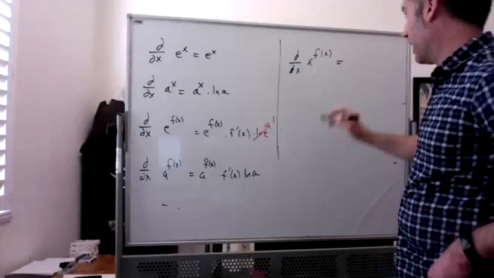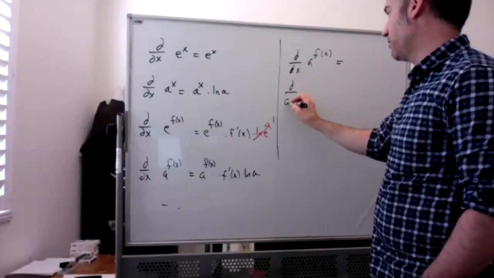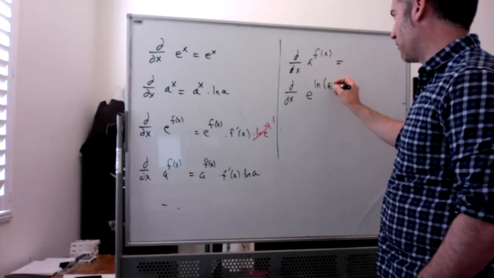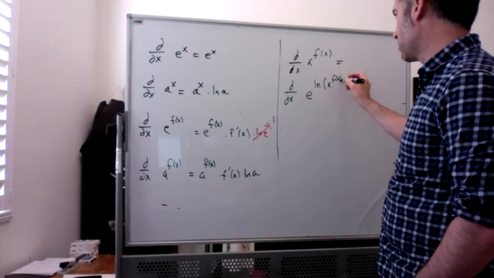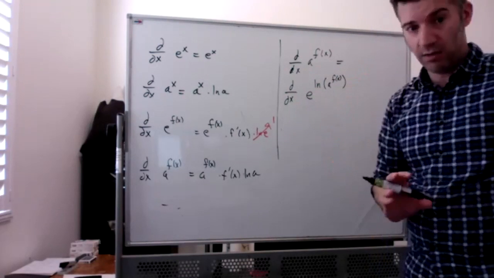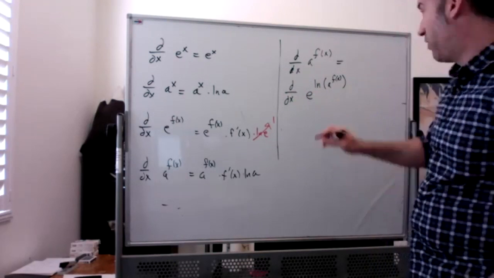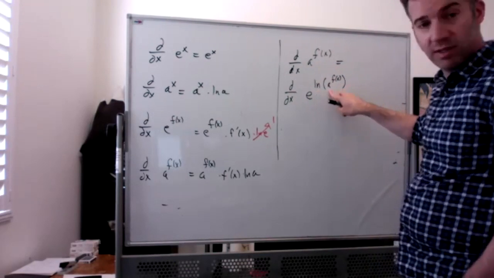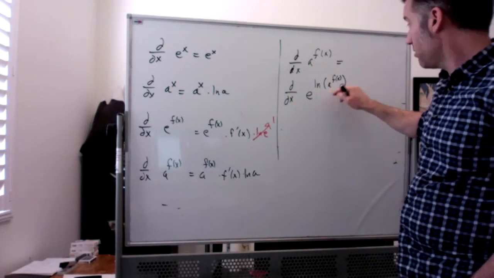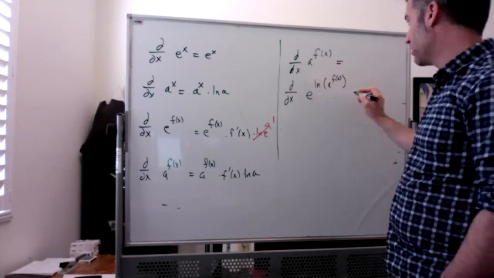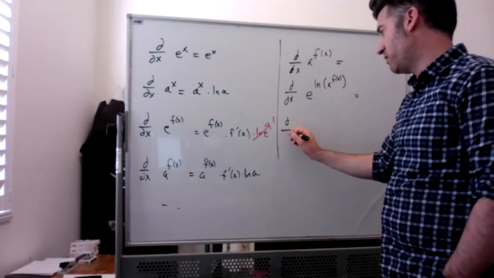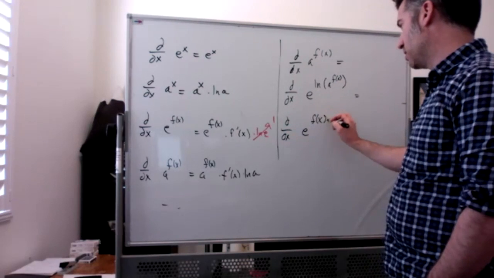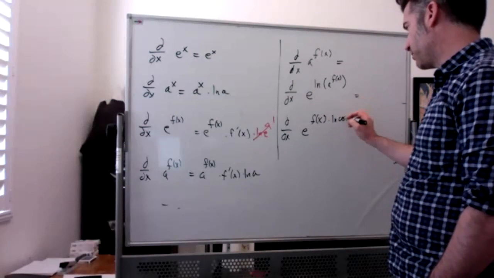I'm going to rewrite it as the derivative of e to the natural log of a to the f of x. Right? We can always say something is always equal to e to the natural log of that same something. And then we can bring this f of x down in front. This is equal to the derivative of e to the f of x times natural log of a.